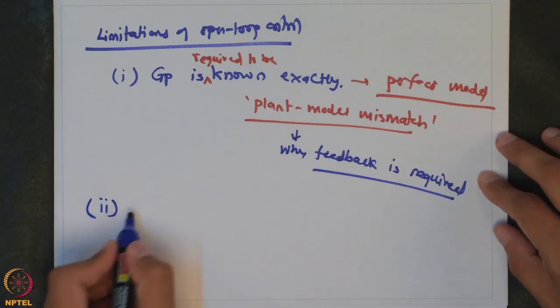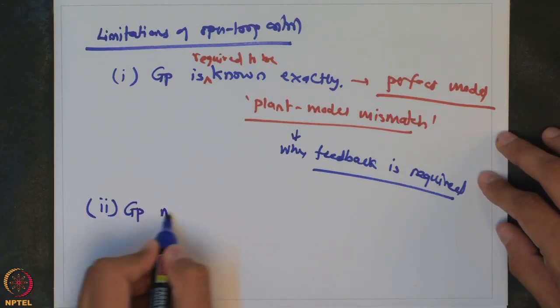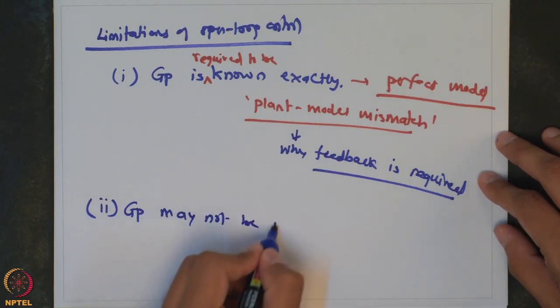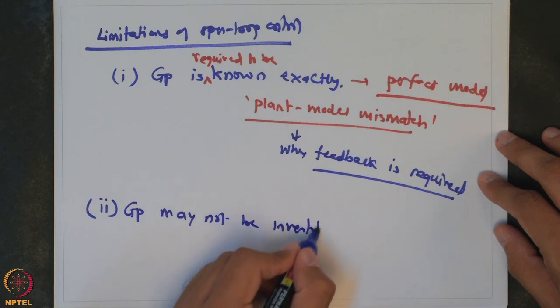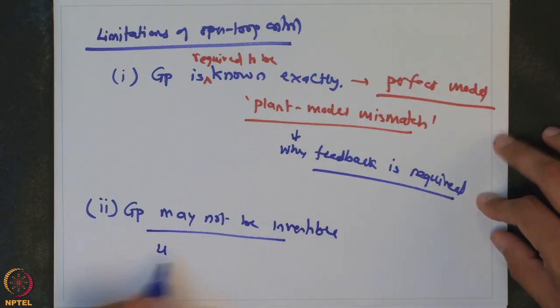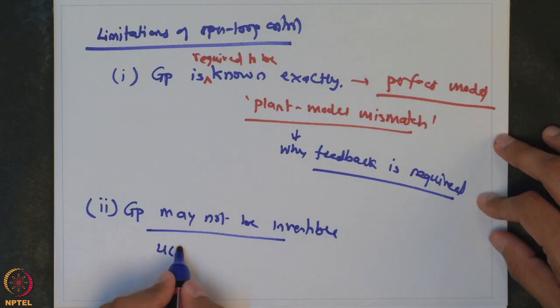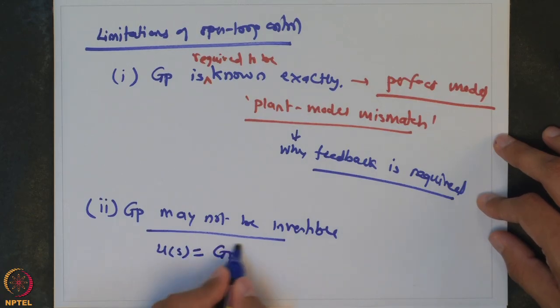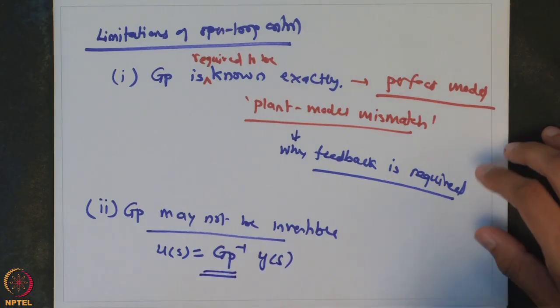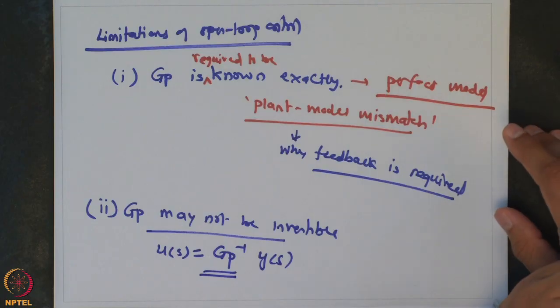The second limitation is Gp may not be invertible. I said that your control law is Gp inverse times y set. So, that assumes that Gp inverse exists.